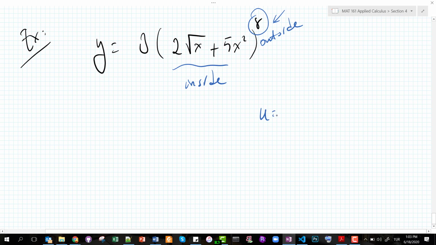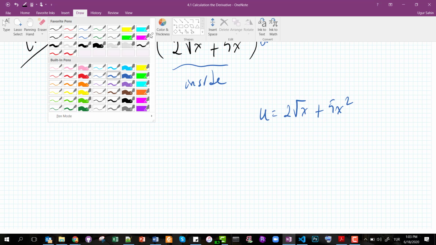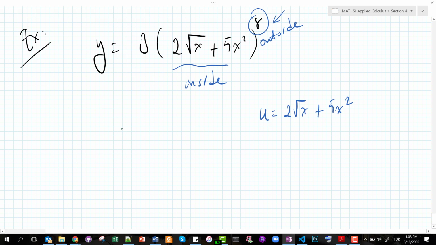So the inside function needs to be called u, 2 square root x plus 5x squared, and an outside function can be given in this way, which is f of x equal to x to the 8.